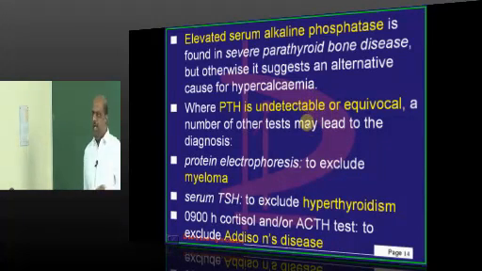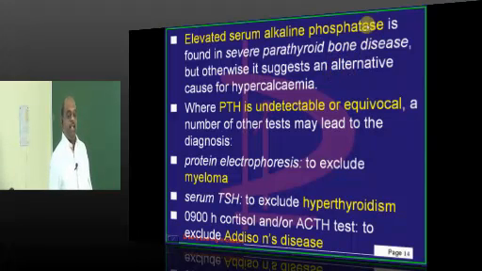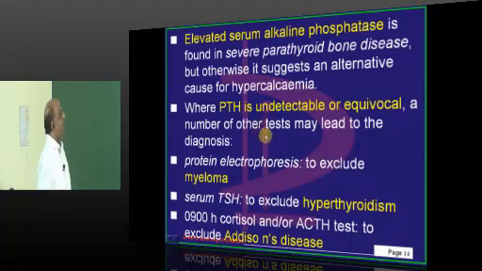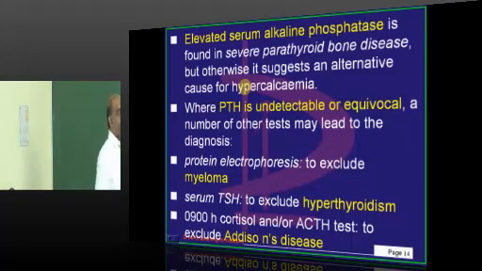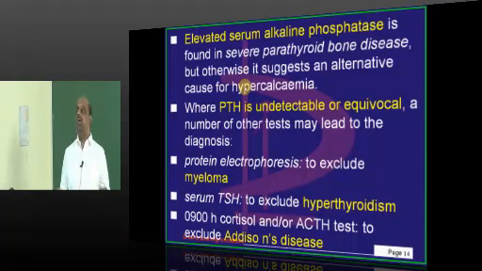Then if there is a severe parathyroid bone disease, that can lead to elevation of the alkaline phosphatase. If it is very severe, but generally the principle is hypercalcemia leads to osteolysis, not osteoblastic response.